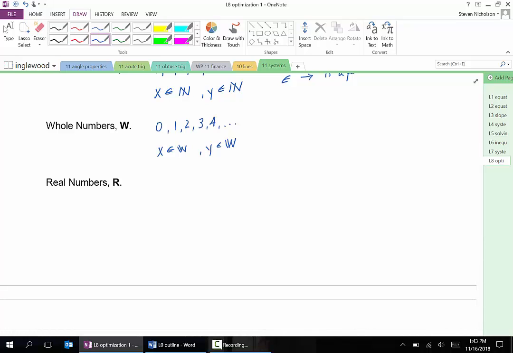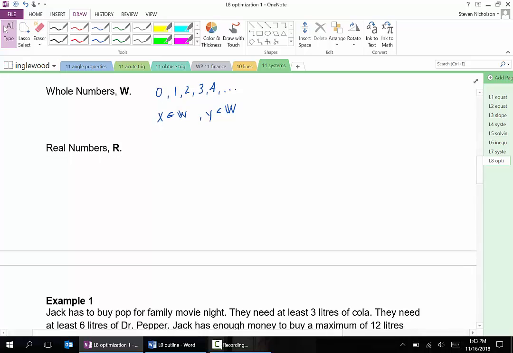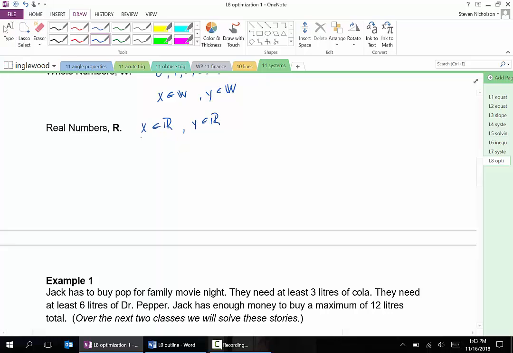And then finally, you have the real number system. And the real number system is a capital R. And the real numbers are just all the numbers we know. So whenever you see the word real numbers, just think all the numbers you know. So you know positive numbers, you know negative numbers, you know fractions, you know decimals, things like that.